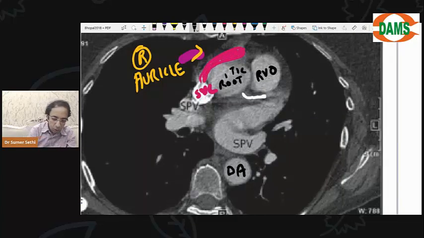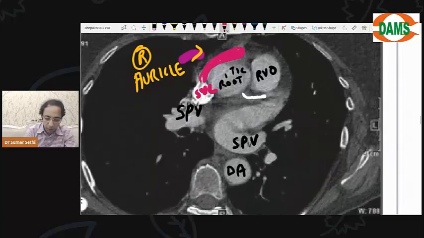And then I told you that these are your superior pulmonary veins. And I told you where the superior pulmonary vein is joining the left atrium, you have a tubular outpouching which is more broad in shape, which is called the left auricle.